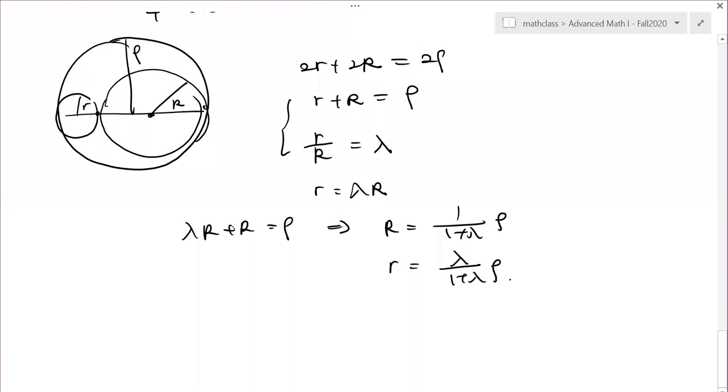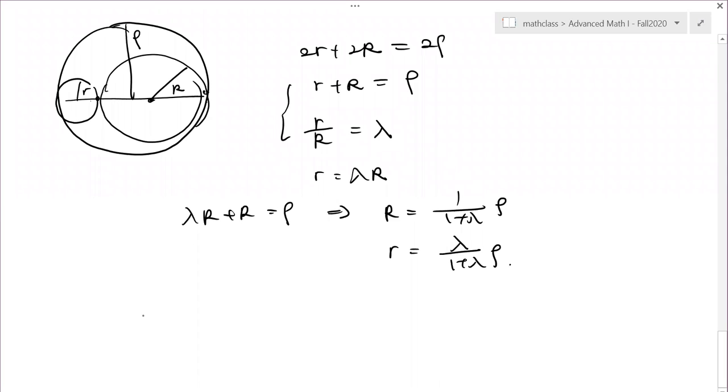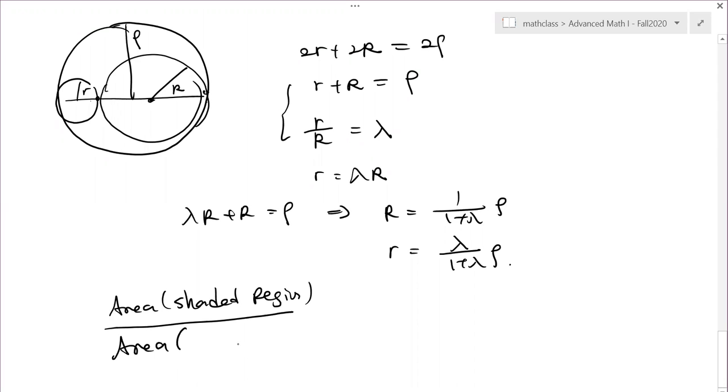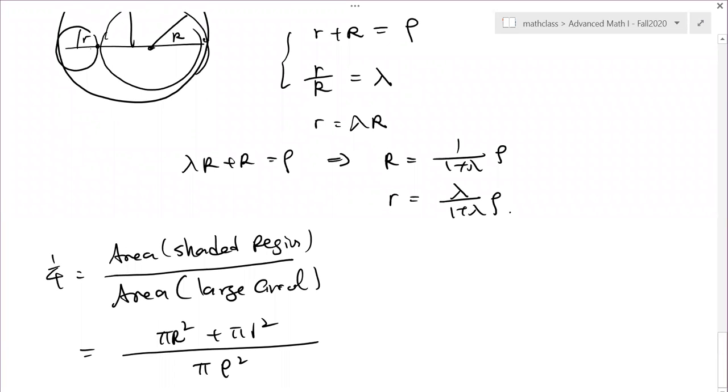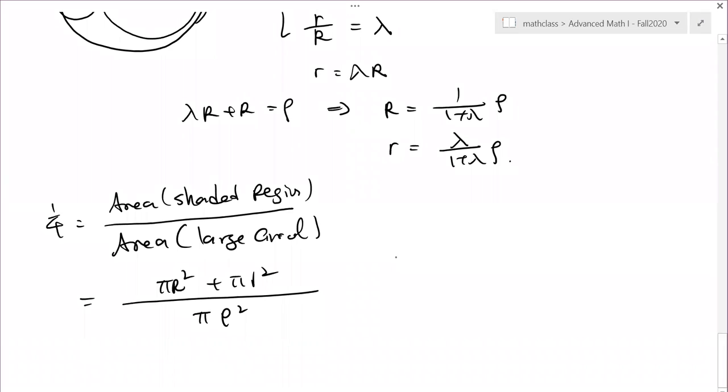So you calculate the radii, then the area of the shared region, okay? The area of the shared region, you can compute it, equals the area of the larger circle, the whole circle, right? We want to say this is a quarter, okay? So the area of the shared region is pi, and this is pi rho squared, right? But the little r and capital R can be expressed in just lambda, so pi cancels out.